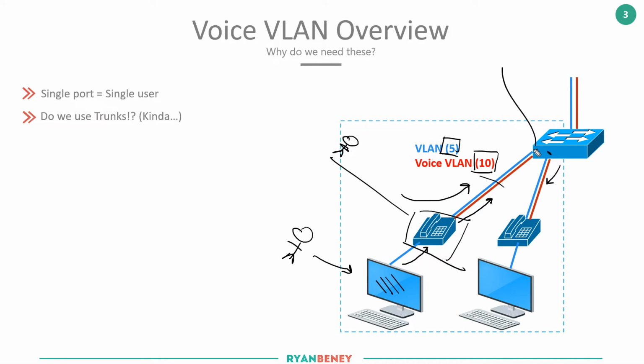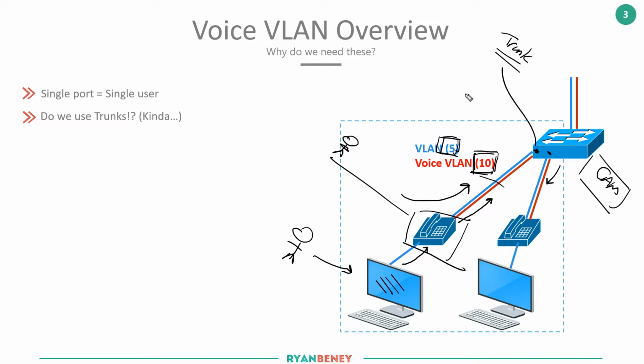So what you're left with is a trunk port with two allowed VLANs, the native of 5 and the tagged of 10. As it comes in, we're able to put the traffic into separate CAM tables, different MAC address tables, and segregate that traffic at layer 2.